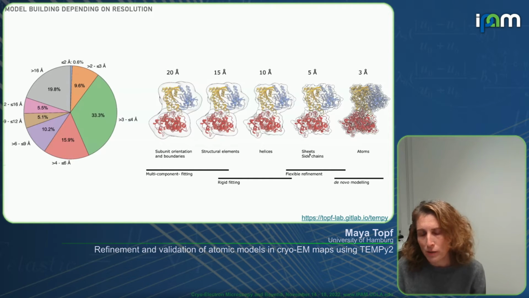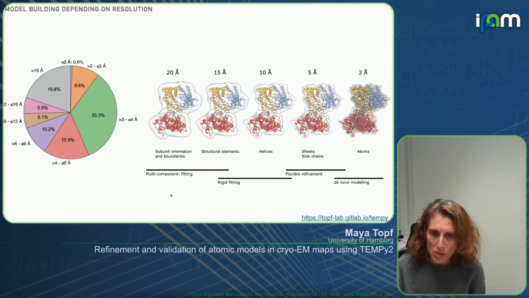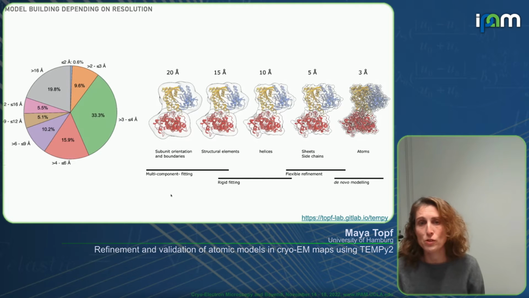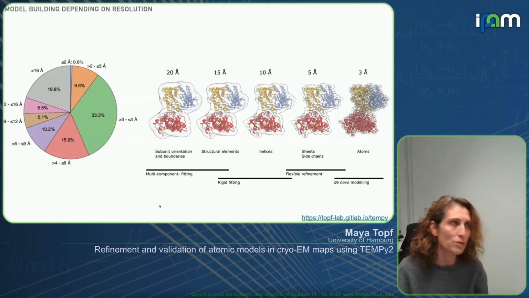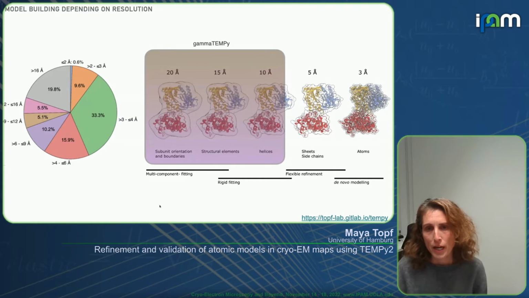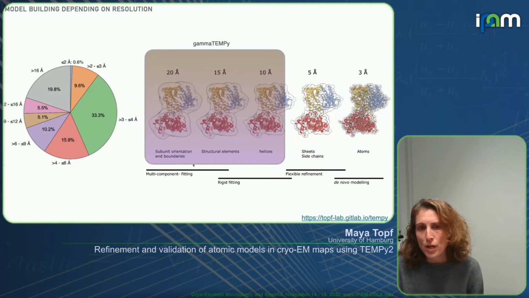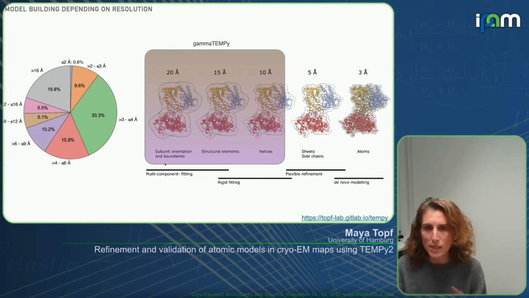Now, depending on the resolution, we have to consider that we look at different structural elements that can be fitted. So, for example, if we are at a lower resolution range, we can think about fitting all subunits or whole proteins.